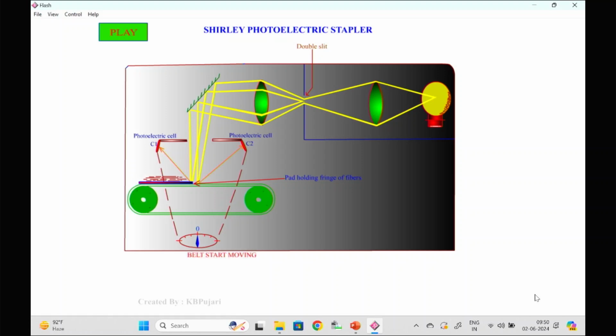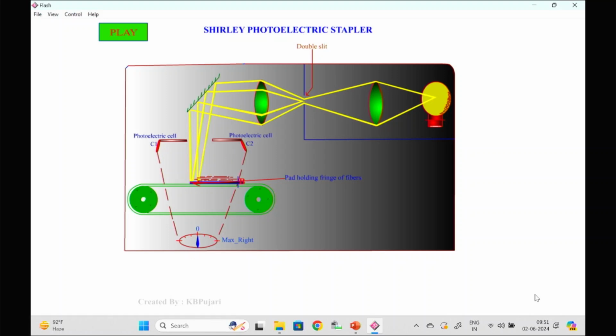So there will be 2 points. Now the fiber fringe, which is prepared separately, is placed on a conveyor belt, and this is moving, and the light from the 2 points, the distance between which may be very small, maybe 1 millimeter, will reflect the light to the 2 photoelectric cells.